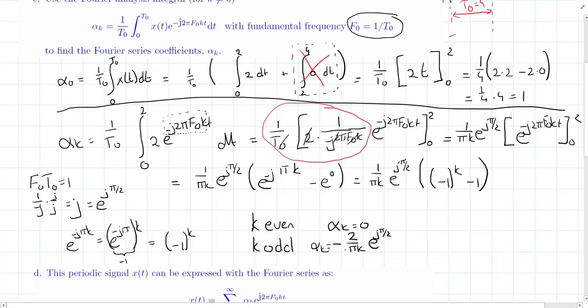We could get rid of this minus sign, since minus 1 is equal to e to the power minus j pi, 2 pi over k e to the power j pi over 2, which would give us 2 divided by pi k e to the power minus j pi over 2.